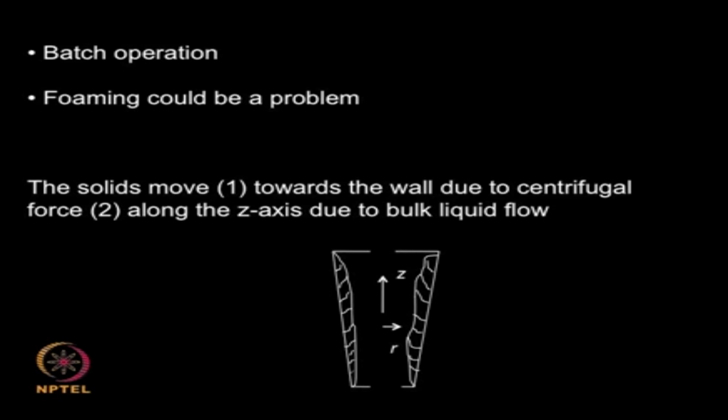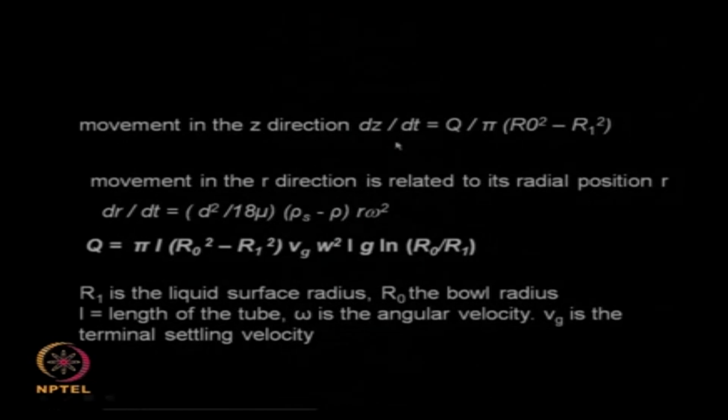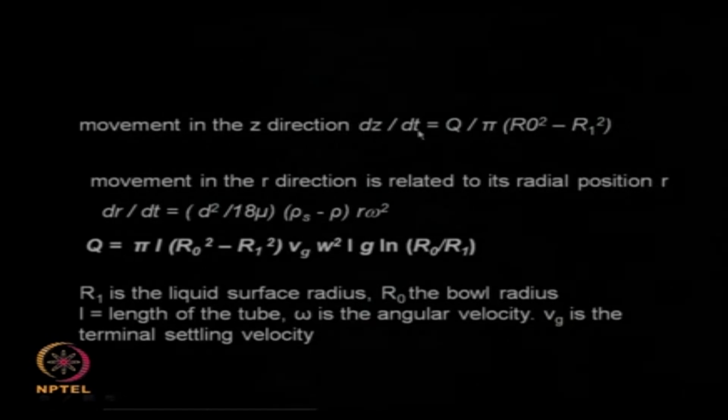So if you consider these, the movement in the z direction, that is along the axis, and the movement in the r direction, that is a function of the radial position, we have two equations: dz by dt and another relationship dr by dt.